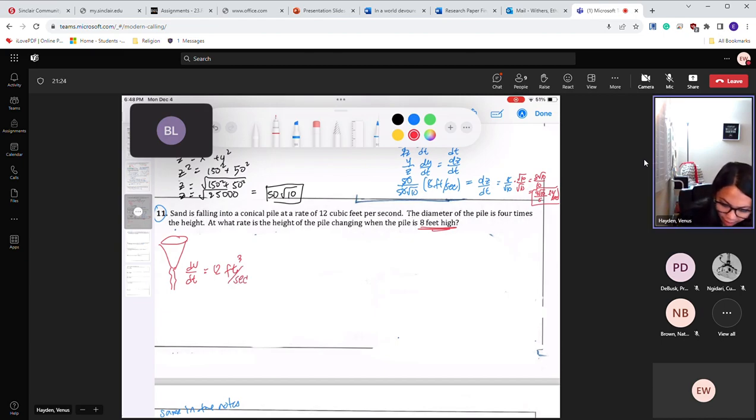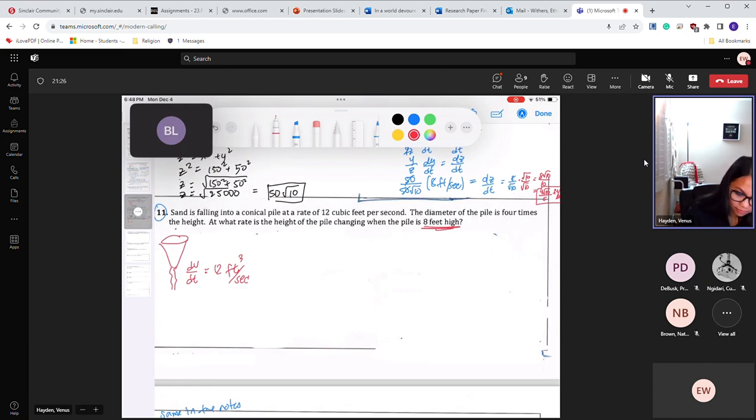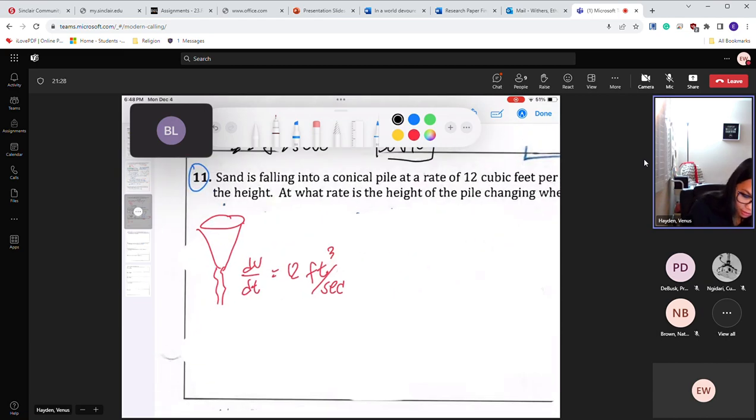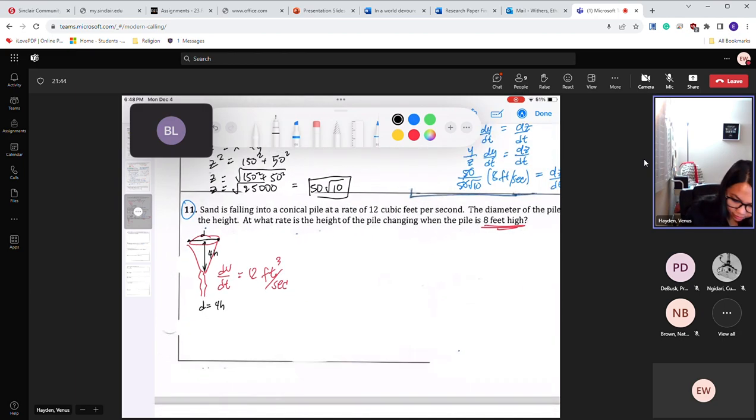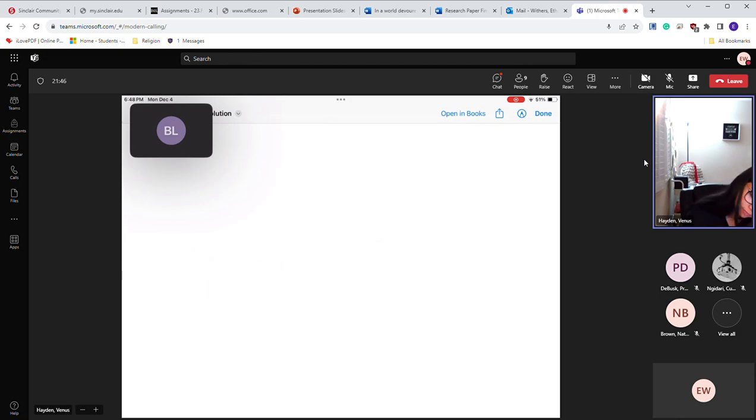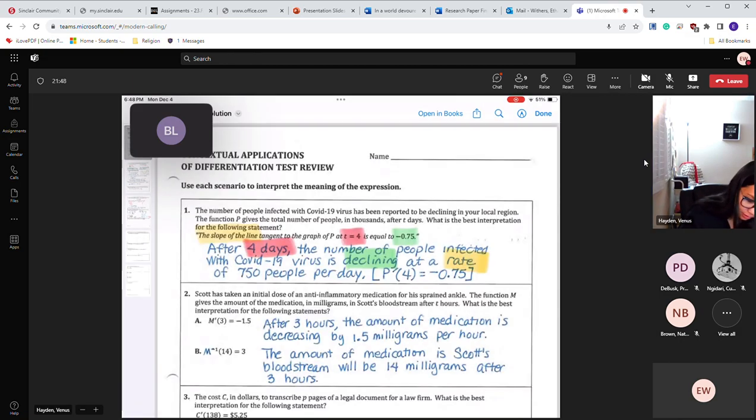And it says that the diameter of the pile is 4 times its height. So if the diameter from here to here, that's your d, is 4 times its height, you could say d is equal to 4h. Then they ask us, at what rate is the height of the pile changing?